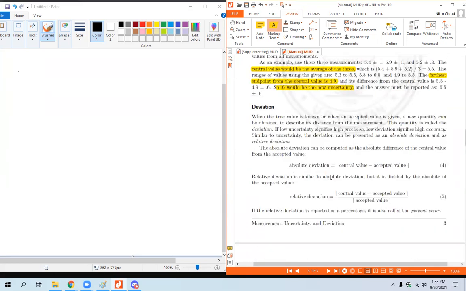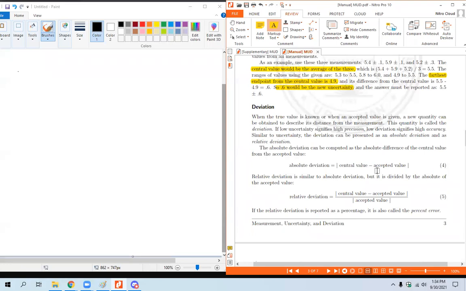Next is deviation. So deviation is a measurement of how far your measurement deviates from your true value. So this is related to your precision and accuracy. So to calculate absolute deviation, it's just your central value minus accepted value.